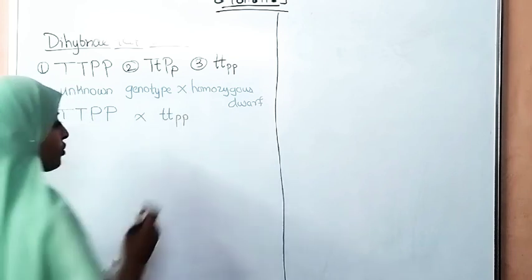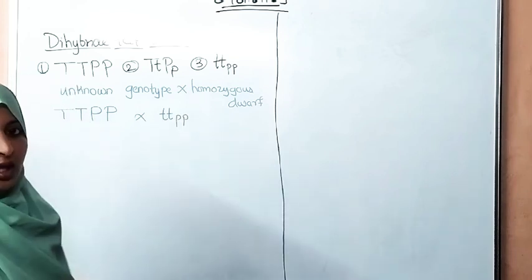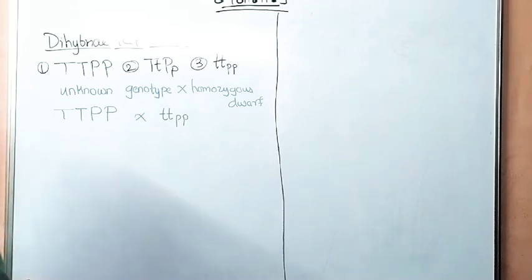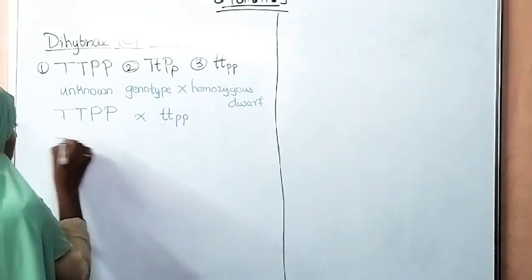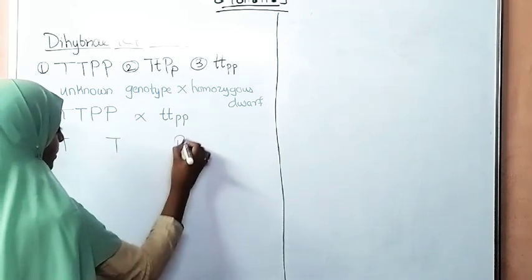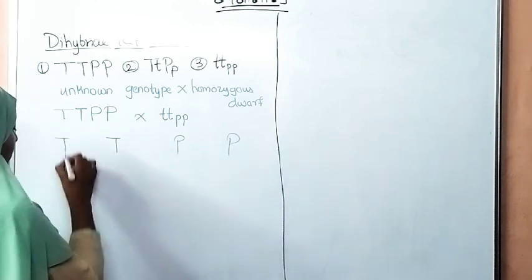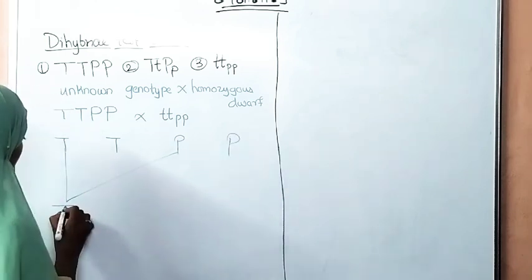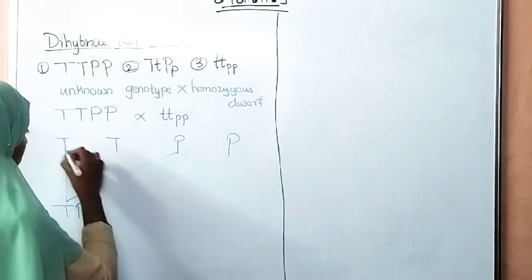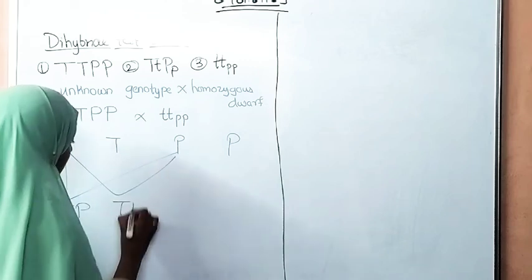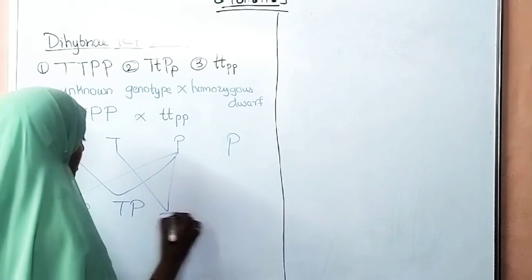So first of all, we want to find the alleles. How are we going to find the alleles? See here, capital T, capital T, capital P, capital P. When this T crosses with this P, we get capital T, capital P, capital T, capital P, the same.